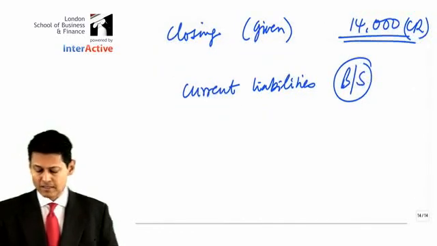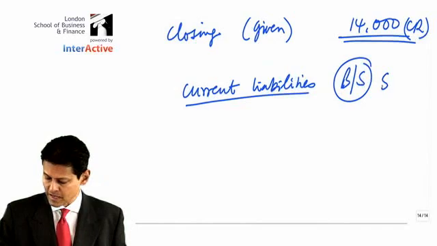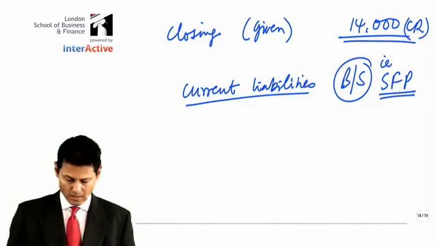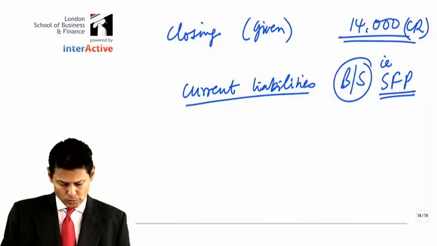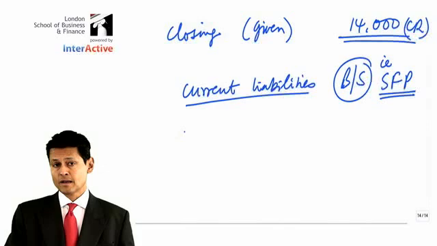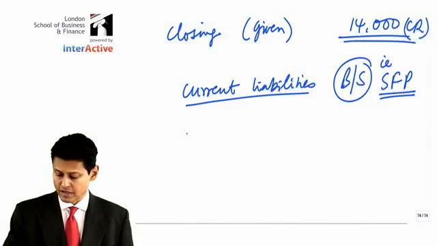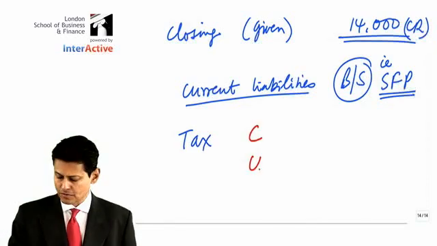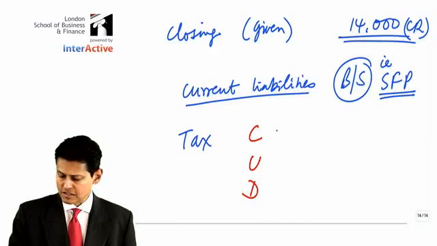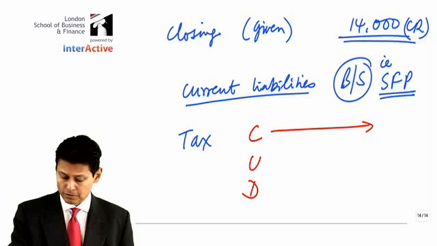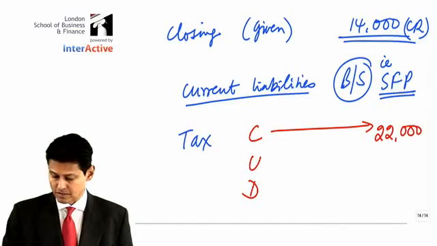When you're doing your current liabilities in the statement of financial position, apart from things like payables and proposed dividends, etc., you have tax. Now, you remember in the income statement we had CUD. The biggest thing to remember is only the C, the corporation tax, that goes through. And so the corporation tax in this question is $22,000.